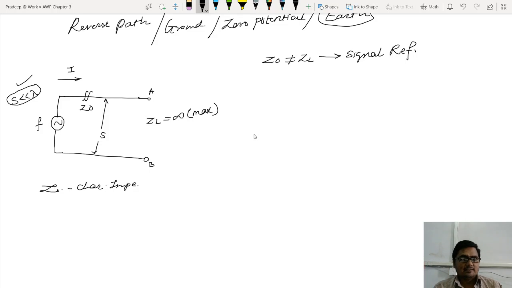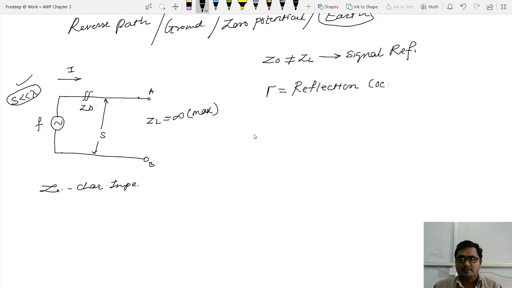Z0 is the characteristic impedance. If it is not matching with ZL, the signal reflects. How much reflection will occur? How to find it? The reflection is measured by the reflection coefficient, tau.